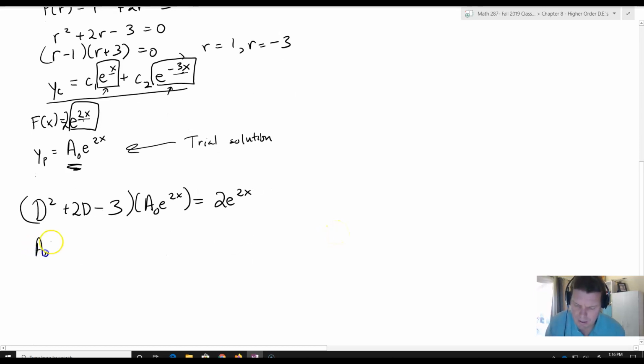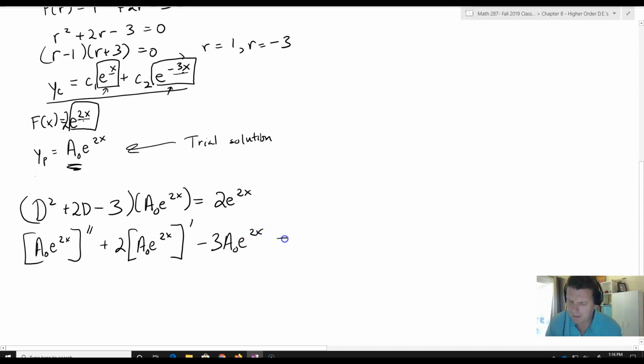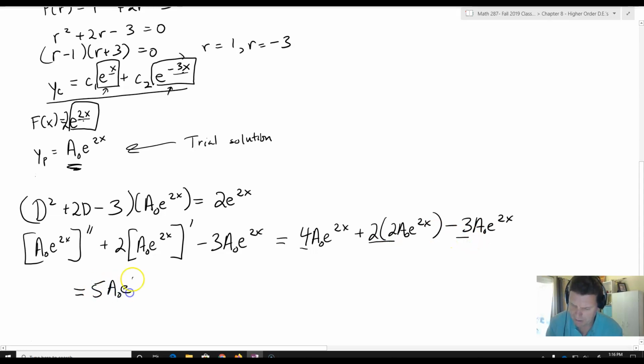So we've got (a naught e to the 2x) double prime plus 2 times (a naught e to the 2x) prime minus 3 a naught e to the 2x. This is then going to equal 4 a naught e to the 2x plus 2 times 2 a naught e to the 2x minus 3 a naught e to the 2x, which equals, this is 4, this is 8 minus 3, that's 5, 5 a naught e to the 2x.